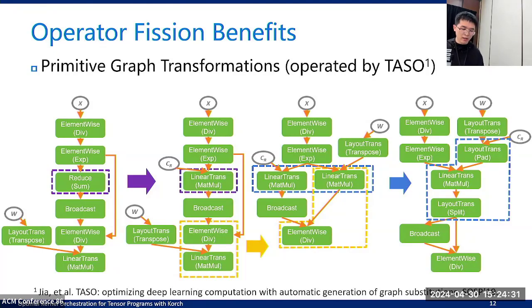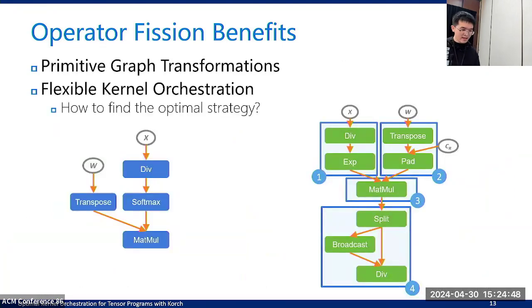We can leverage an off-the-shelf graph optimizer to do more transformations on the primitive graph. And on the softmax attention primitive graph, TENSAT can do the illustrated transformations to fuse the reduce primitive in softmax with matmul. And after the primitive graph transformations, the second benefit is that operator fission will enable more flexible kernel orchestration.